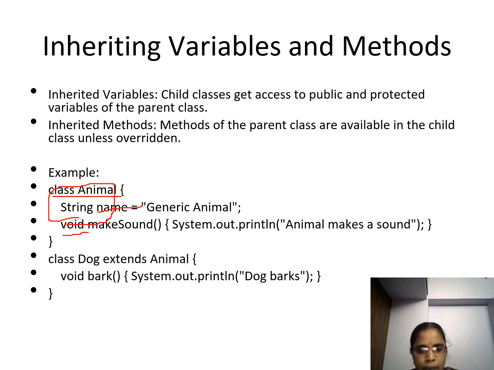This method contains a System.out.println statement where it prints "Animal makes a sound". Here we are having one more class called Dog, and this class extends the Animal class. So here the extends keyword is used to inherit the parent class into the child class. Here the parent class is Animal, the child class is Dog.